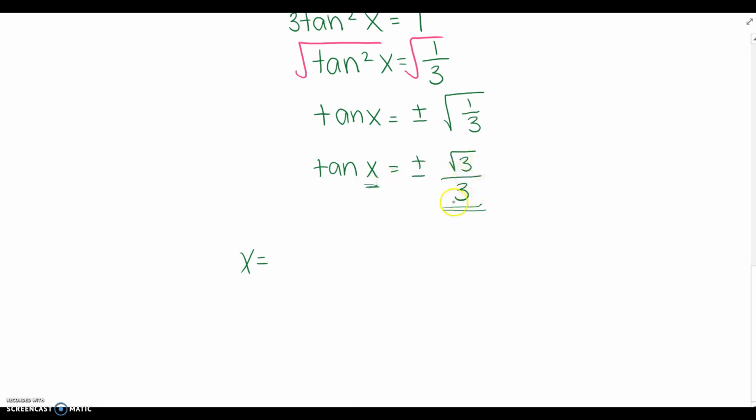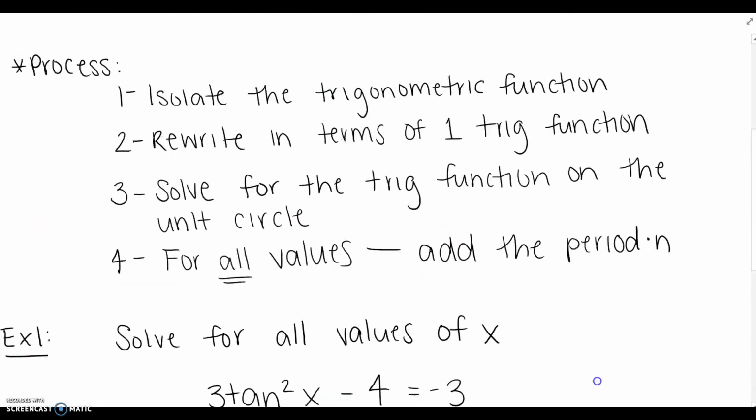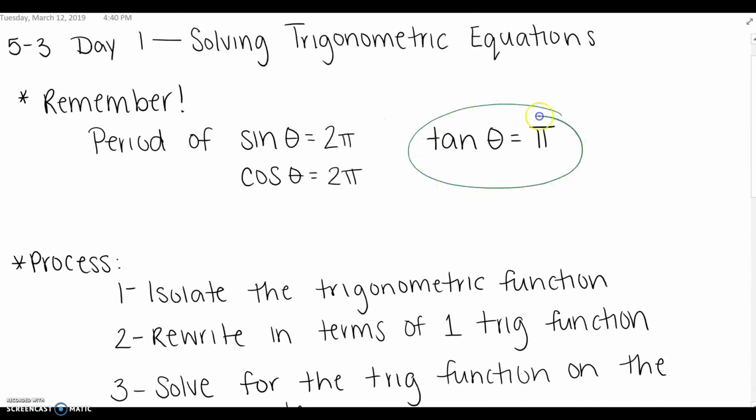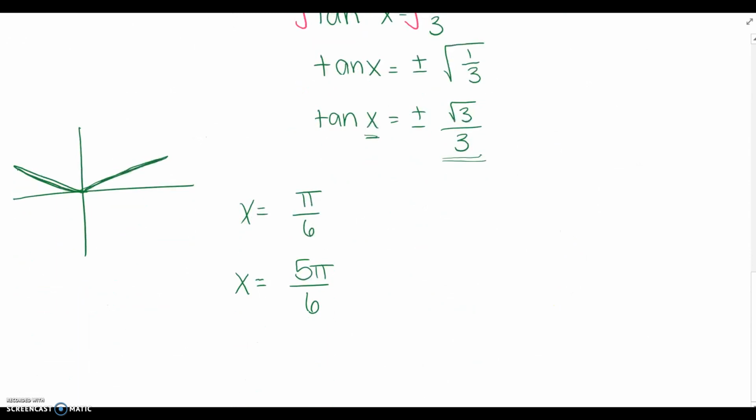Tangent is root 3 over 3 at pi over 6. And then when else is it root 3 over 3? If we go all the way around, at 5 pi over 6. But remember, you have to keep in mind, the period of tangent is pi, so we're only going from 0 to pi, so we only have 2 answers.